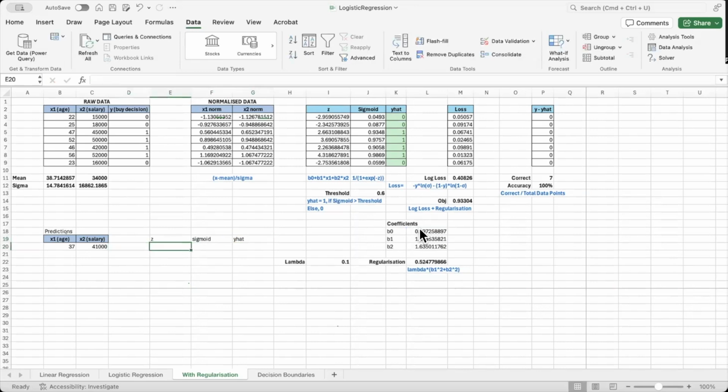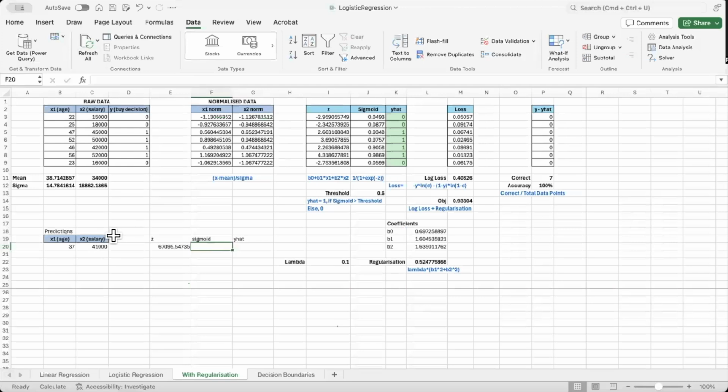So z is equal to beta 0 plus beta 1 into x1 plus beta 2 into x2. So I found z.